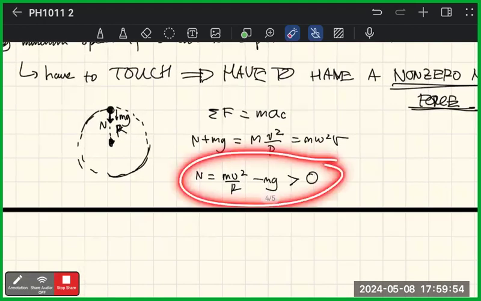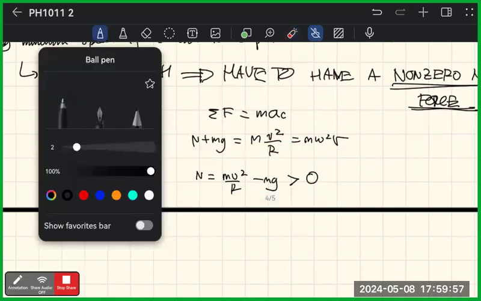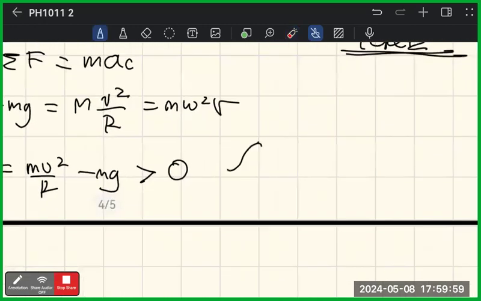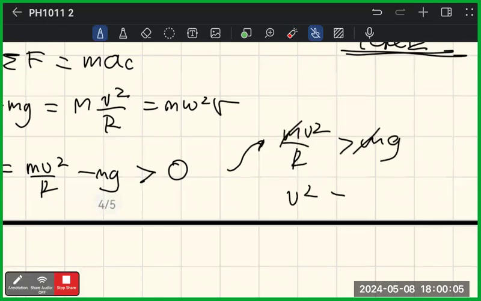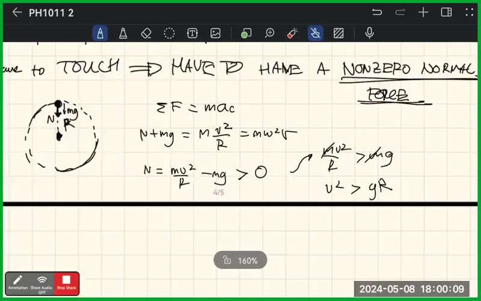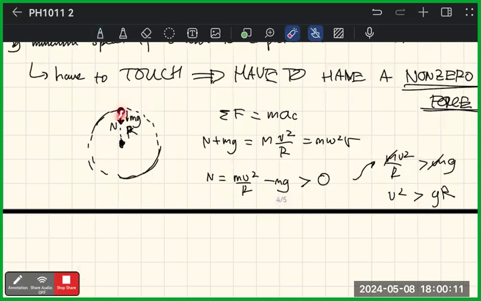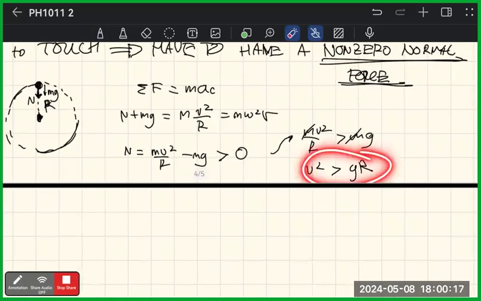So it has to be bigger than 0. Thus, mv squared over r is larger than mg, so v squared has to be larger than gr. This is the condition on top. So the velocity on the very top of this track has to be bigger than root gr.